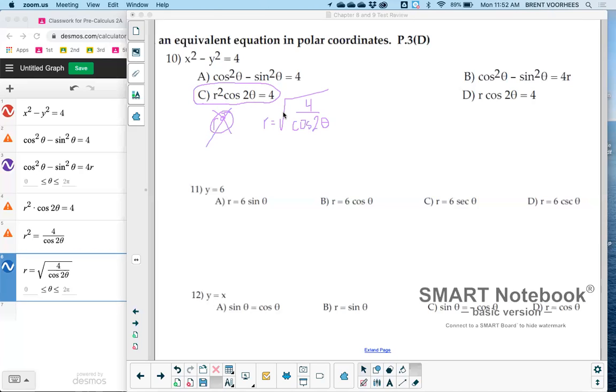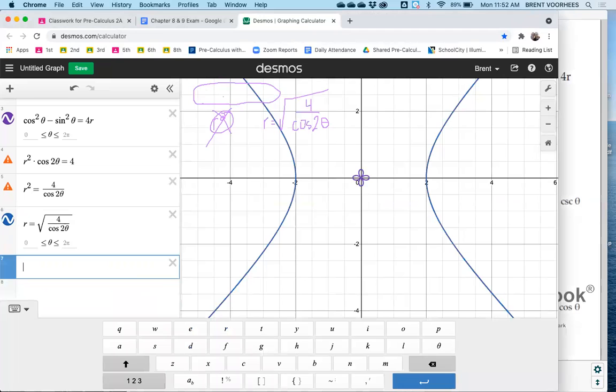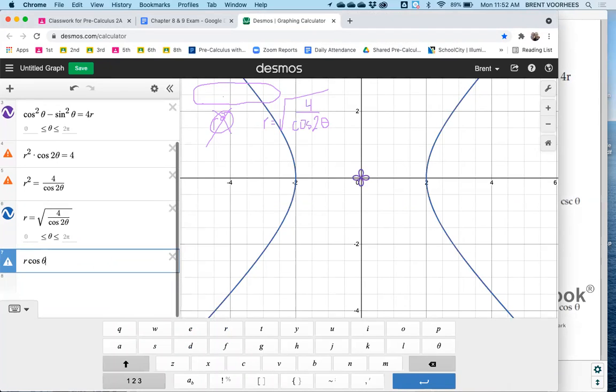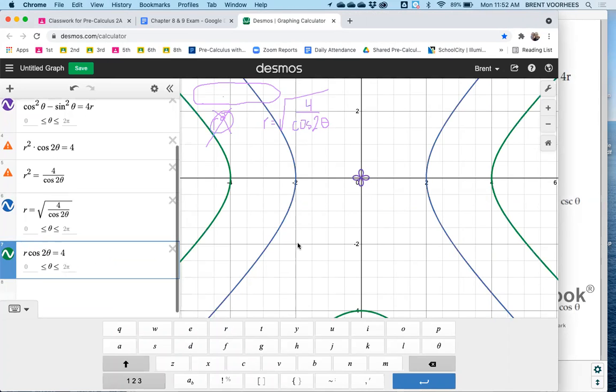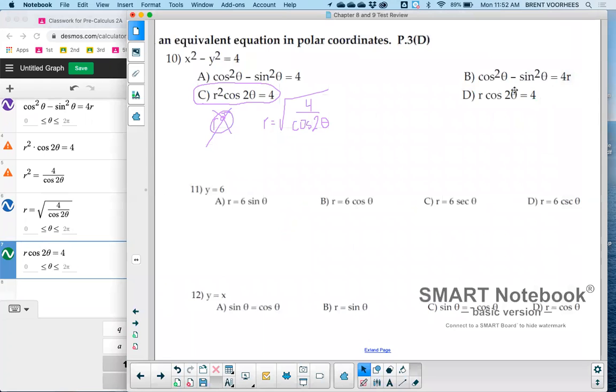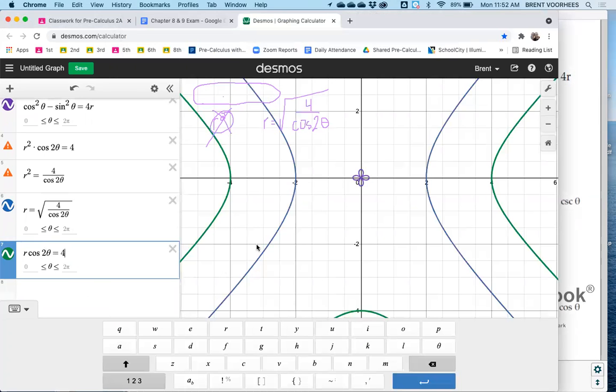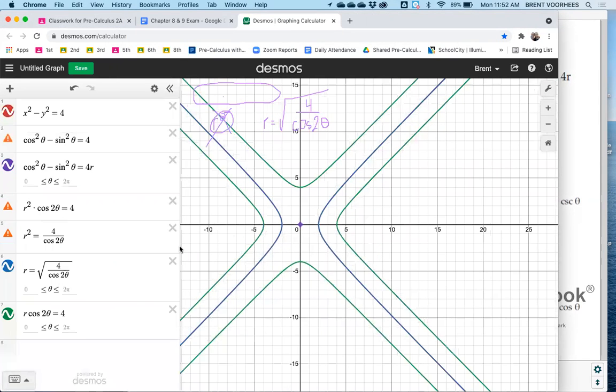The other thing, let me show you D real quick. D was r cosine 2 theta equals 4. So when you look at this graph, you can have r with another item that's multiplying or dividing, but you can't have it squared.